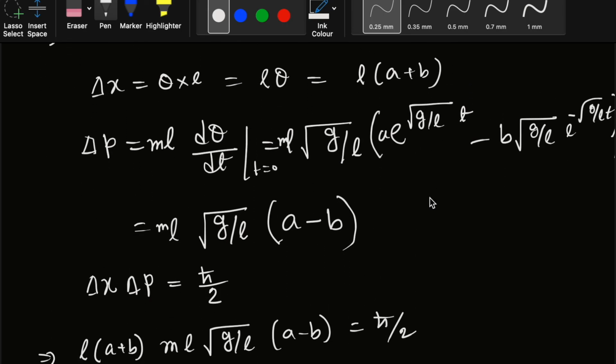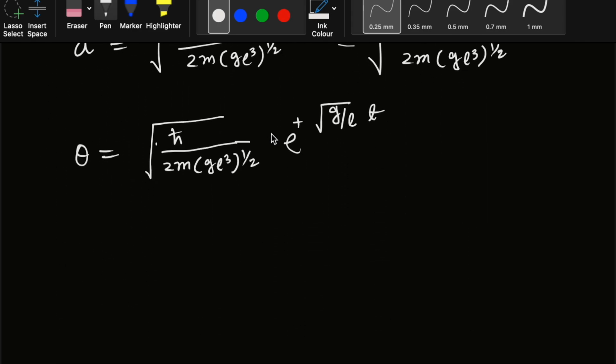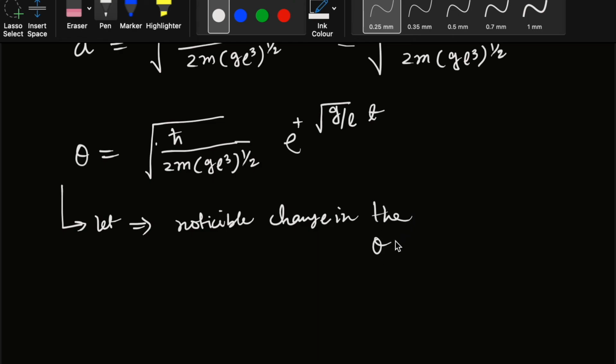And let us assume that the noticeable change in theta is equal to pi by 100.